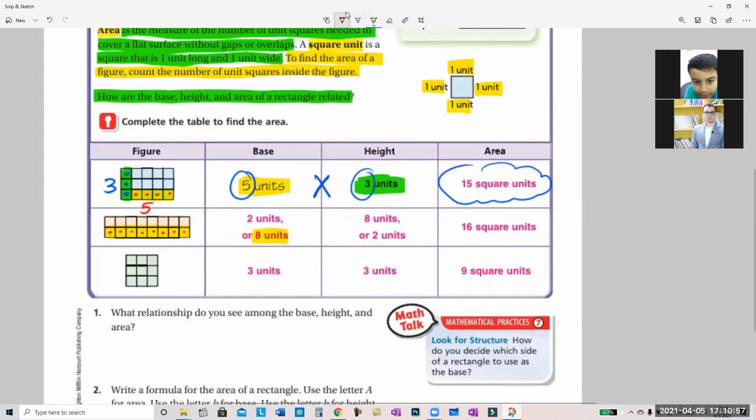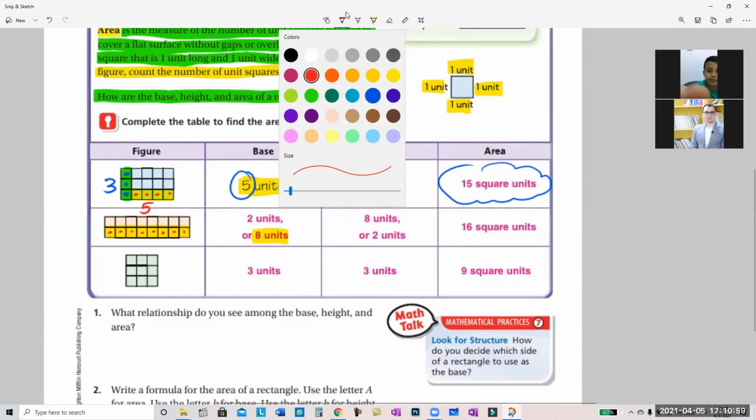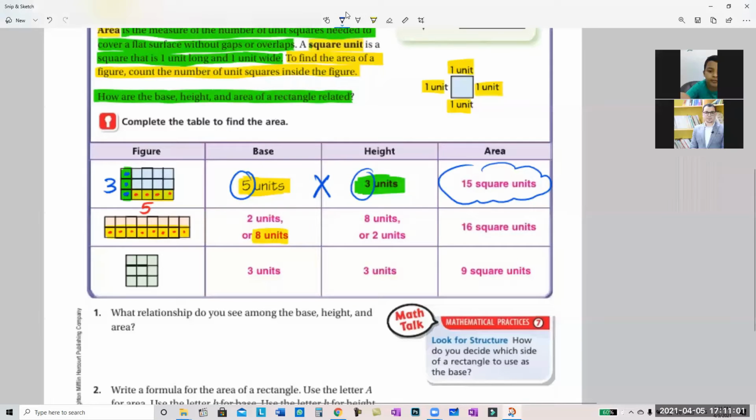What about the height? Let me count it. 1, 2. So we have here 2 units, as you see here. So we're going to multiply them together. 8 multiplied by 2 equals 16 square units.